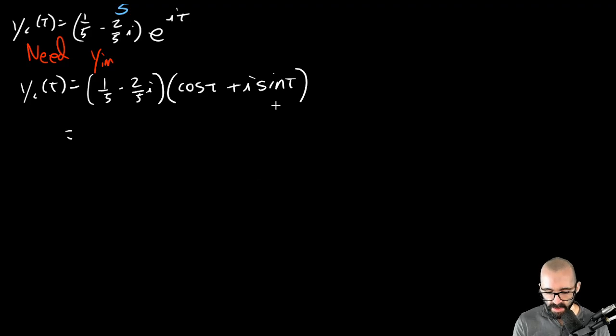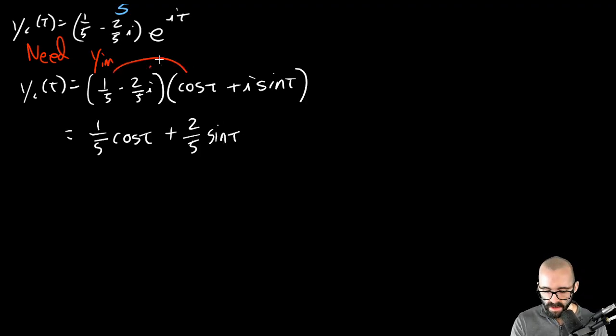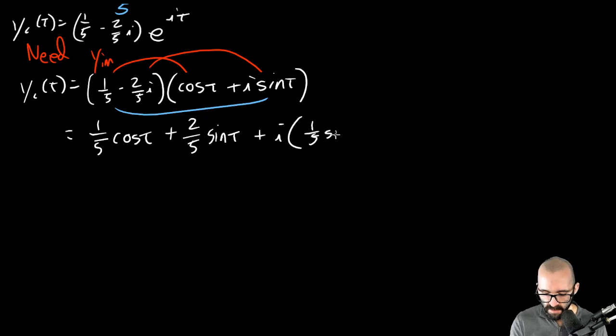But I'm just going to rewrite this as real part plus imaginary part. Real part is 1/5 cosine of t plus 2/5 sine of t. Why? Because this is part of the real part, and this is part of the real part. i squared is -1. And then plus i times the imaginary part, which is going to be 1/5 sine of t minus 2/5 cosine of t.